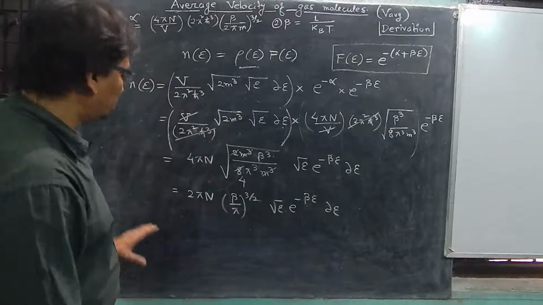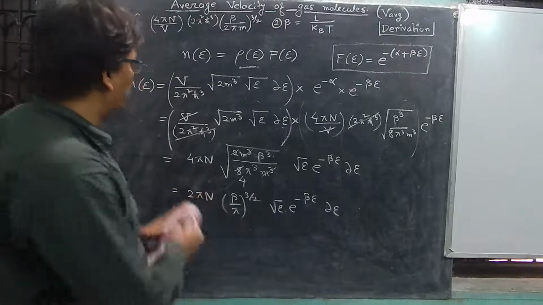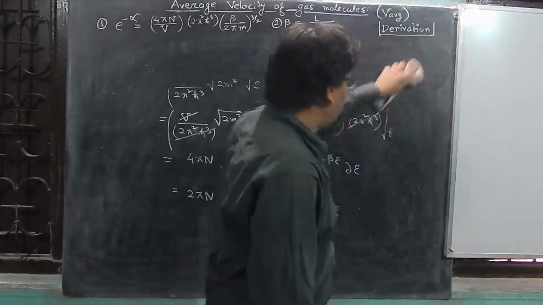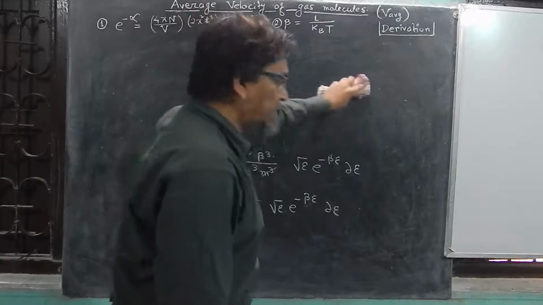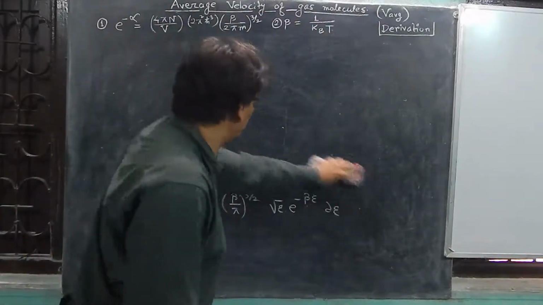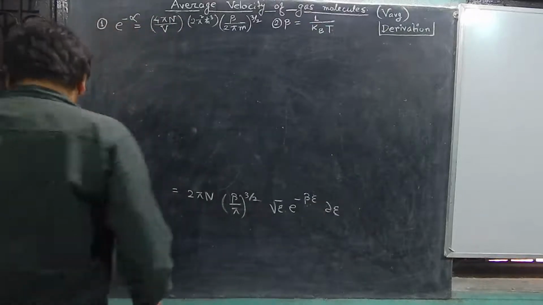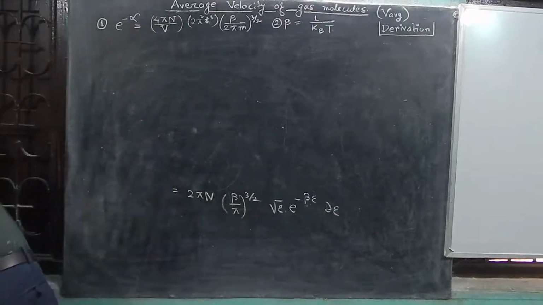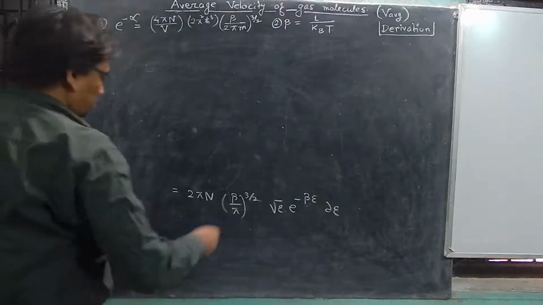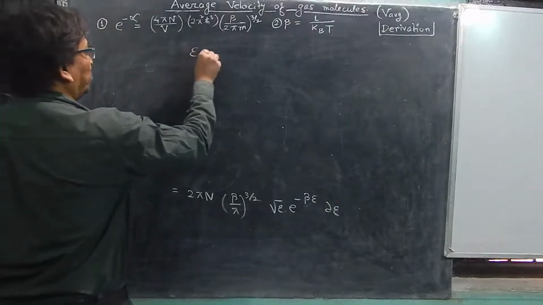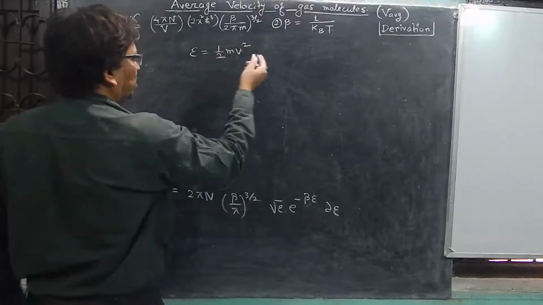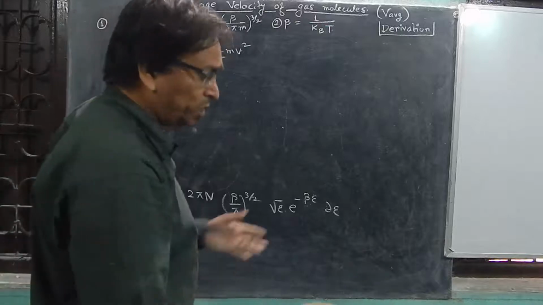This is the value of the number of particles having energy epsilon. Now we have to convert this energy space into the velocity space, and for this we can apply a pretty simple and straightforward step, that is energy equal to half mv square. Here v is an arbitrary velocity, the velocity of any particle, which is subject to change.